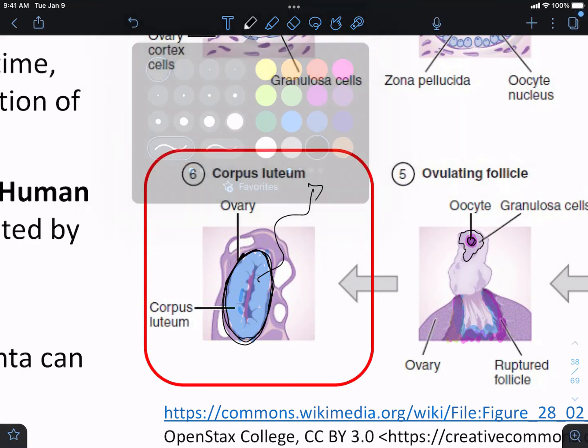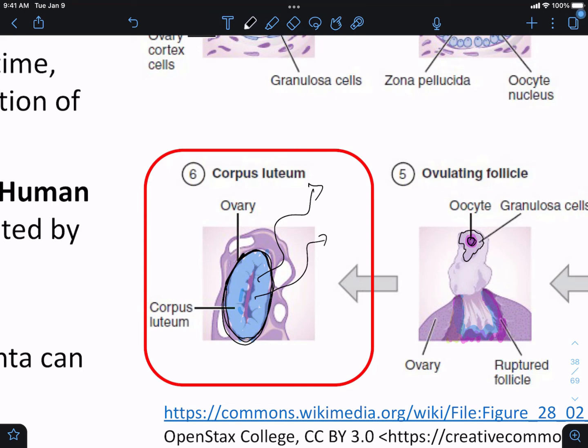But as this matures, we're also going to produce the progesterone that we need to communicate to the uterus and cause the endometrial layer in the uterus to continue to proliferate, but also to become secretory tissue that releases growth factors and other important chemical messages into the surrounding tissue to promote implantation.